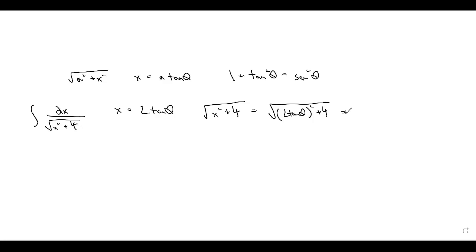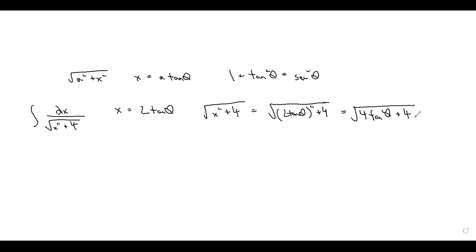Now, 2 tan theta squared is the same thing as 2 squared times tan squared. You could distribute the square to each of them. So that's what we're going to do. Everything else will just stay the same. So this will be 4 tan squared theta plus 4.